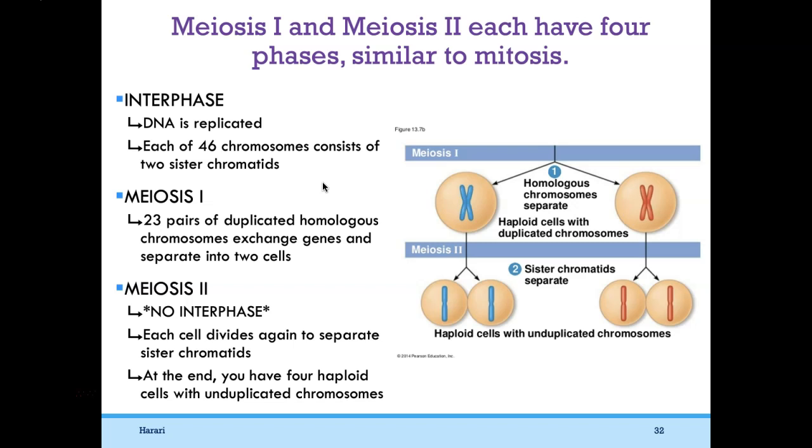We now have a special thing happening in meiosis I. Each of the homologous pairs will meet with each other. So you have a duplicated chromosome 1 from mom, a duplicated chromosome 1 from dad. Those are going to meet each other and exchange genes. We're going to talk a lot about that in a bit. And then they're going to go their own way into 2 separate cells.